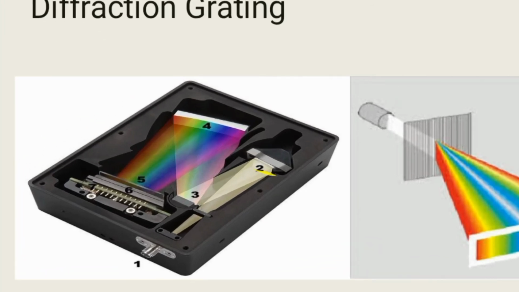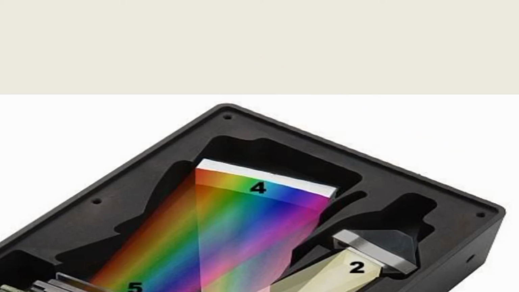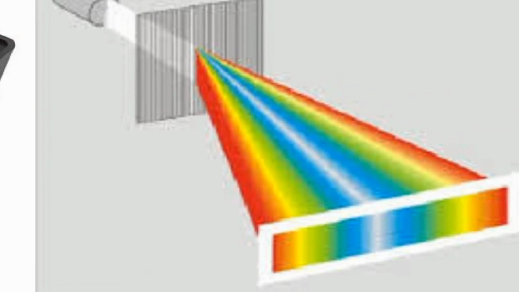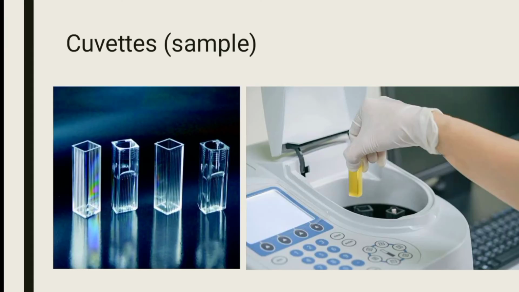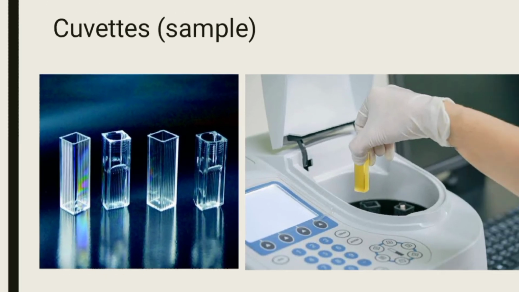Diffraction grating is basically used to convert a single beam of visible light into different wavelengths of light. Cuvettes are the clear vials in which the sample is put, and a specific wavelength of light passes through these cuvettes.